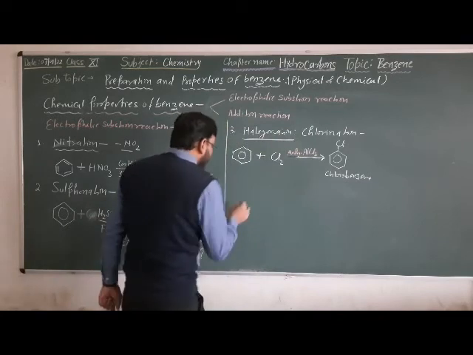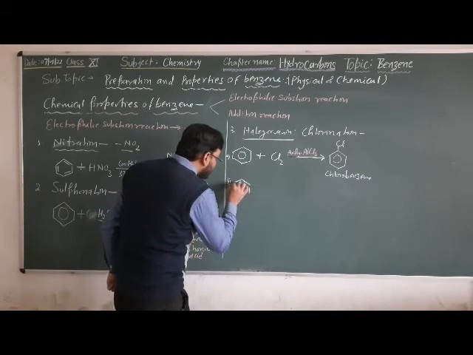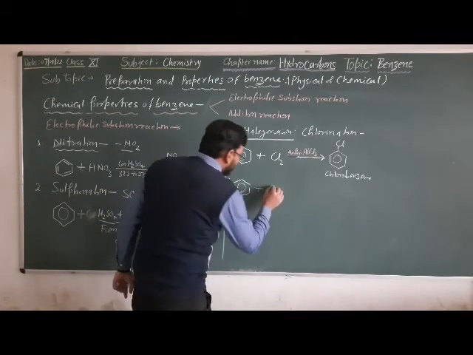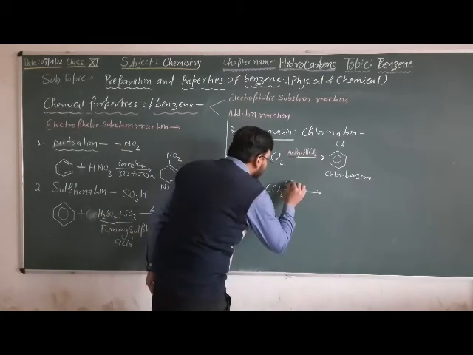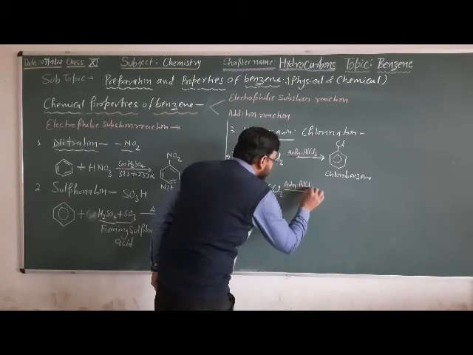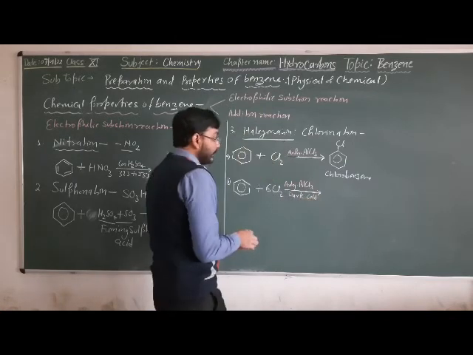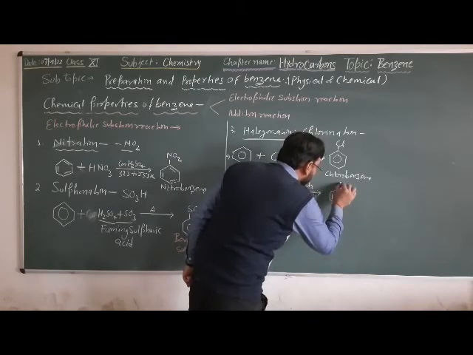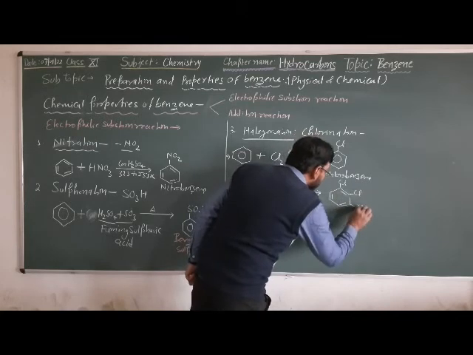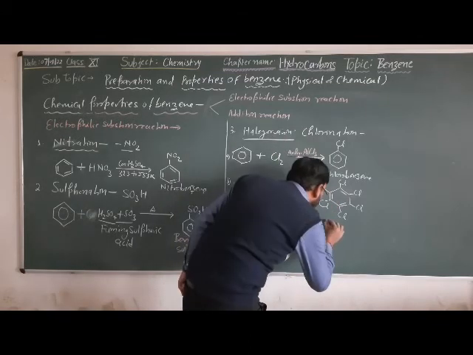If chlorine is present in excess, then all the hydrogen atoms get substituted by chlorine atoms in the presence of anhydrous AlCl3 in a dark and cold atmosphere, and we get a compound we call hexachlorobenzene.